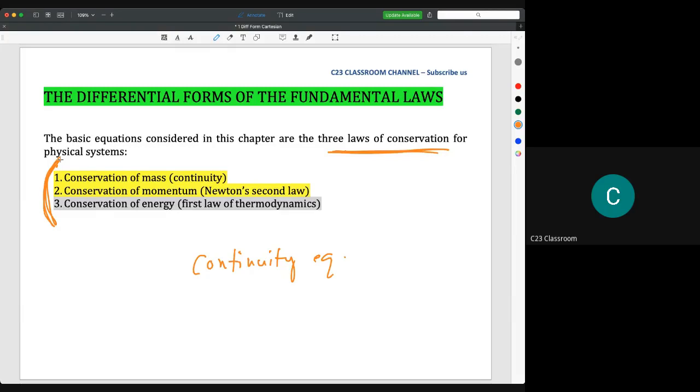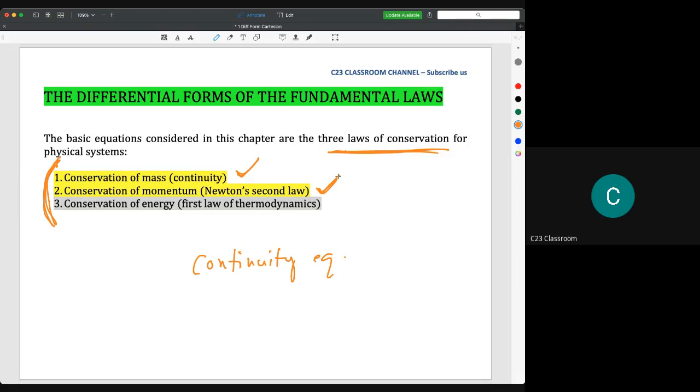One is the conservation of mass, which is the continuity, and the second one is the conservation of momentum, which is Newton's second law. In fluid mechanics 2, conservation of momentum is reflected in the Bernoulli equation, because it tells you about the energy from point 1 to point 2. And then we will have the energy.